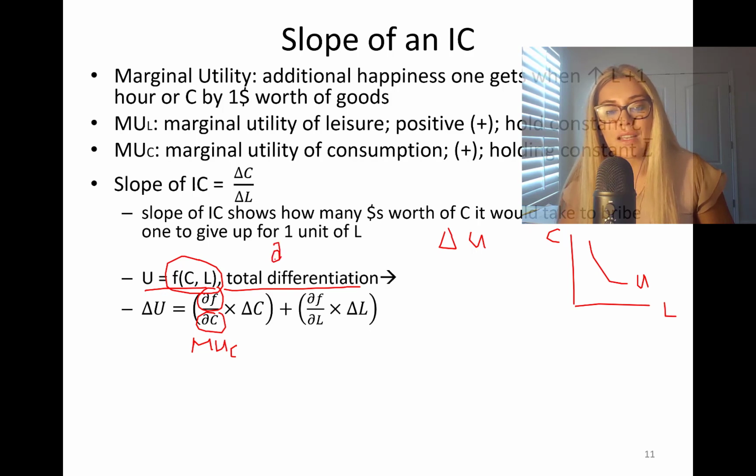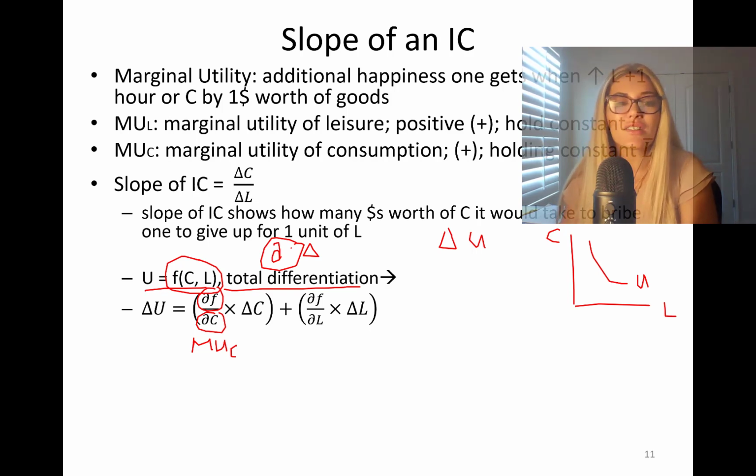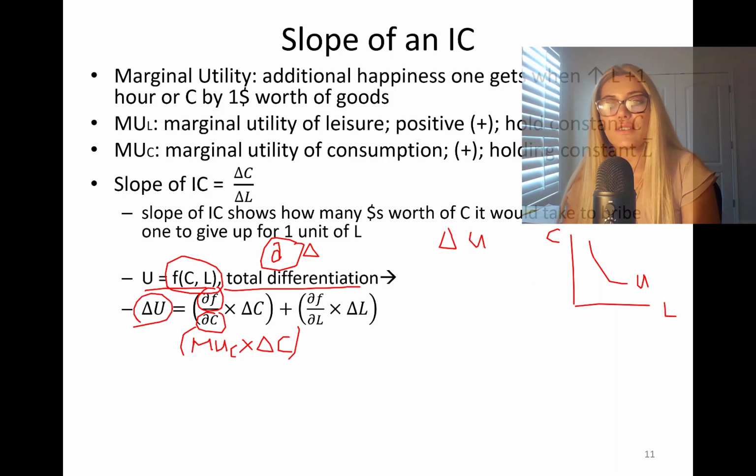Delta, we use it in terms of change, but in a more continuous form. So I don't want you to be scared of all this terminology. Don't worry about it. The change in happiness, utility, when you change consumption, is marginal utility of consumption times the change in consumption. Okay, so that's the first term. So we're looking at the change in your utility along an indifference curve. Let's say point A to B, right?